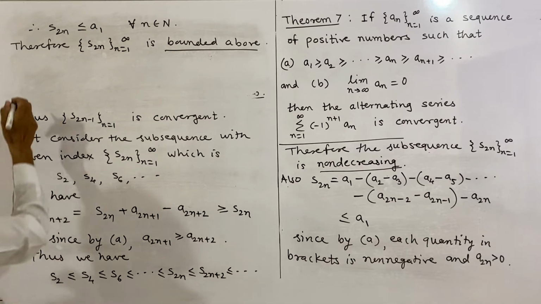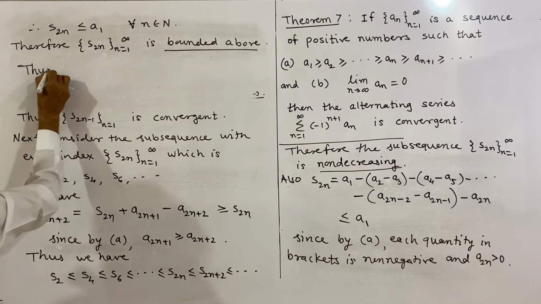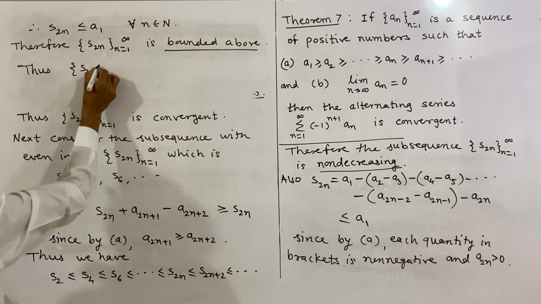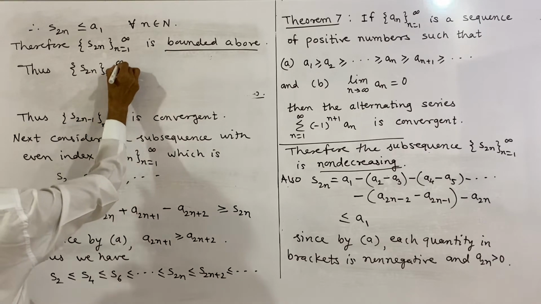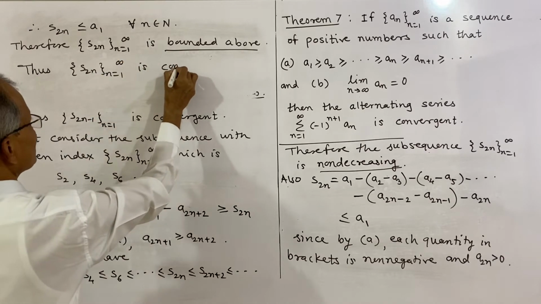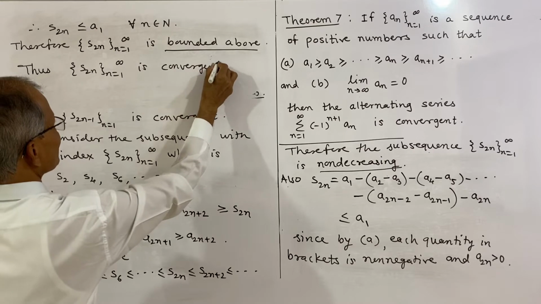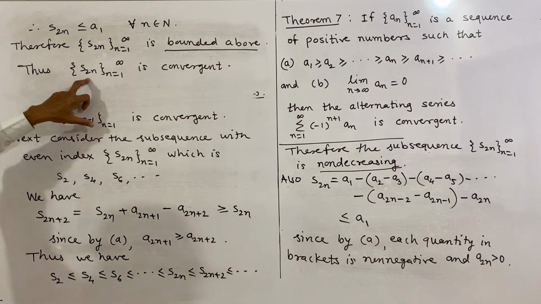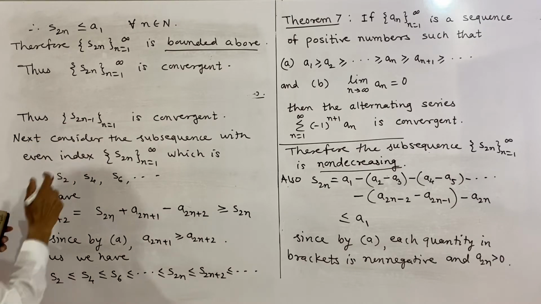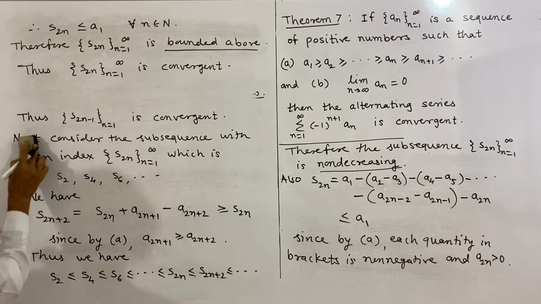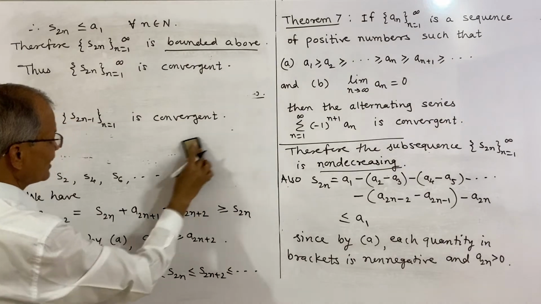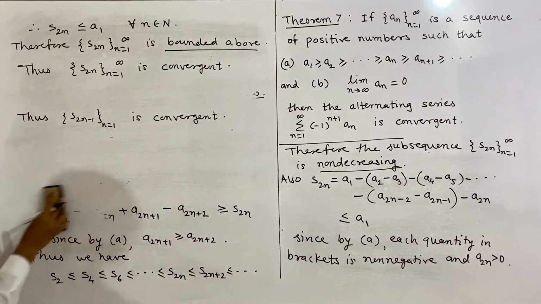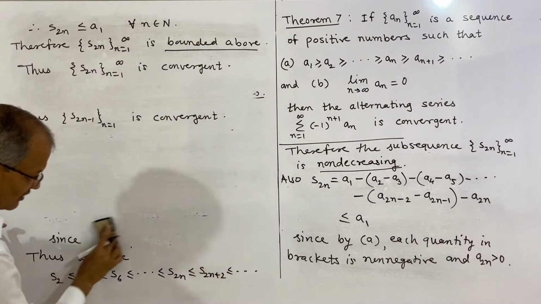Thus s2n is convergent. This sequence is convergent, and thus we have shown both these sequences s2n and s2n minus 1 are convergent. And now we shall suppose each is convergent, and its limit is a fixed real number.